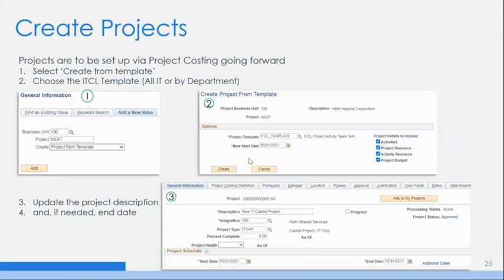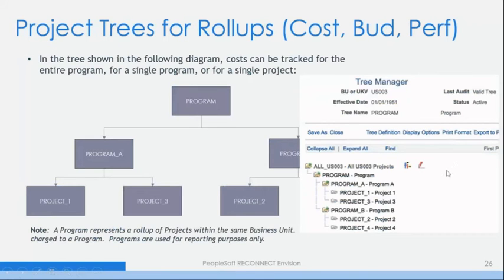If we drill into this a little further, again, I'm not going to go through all the steps, but this first slide shows you generally how projects could be set up using project costing. You're entering the project. You can set up templates in project costing to help create the projects and default values. We talked about it earlier, so I'm not going to go into too much detail on that slide.